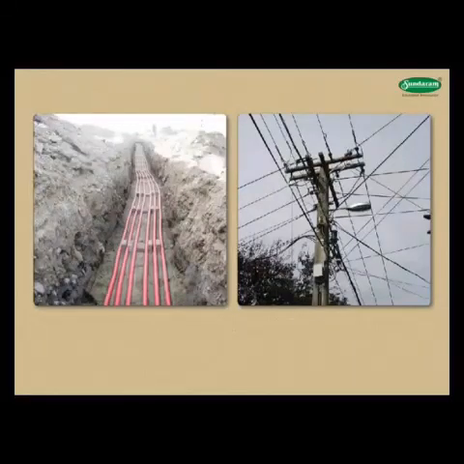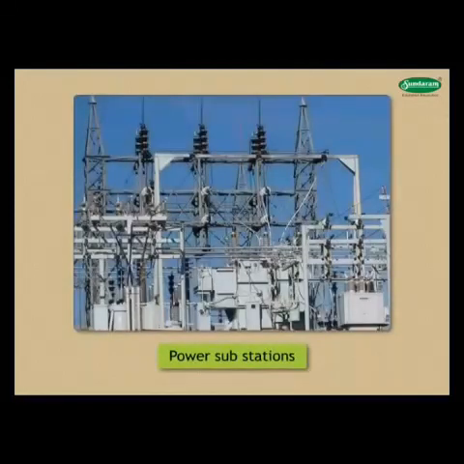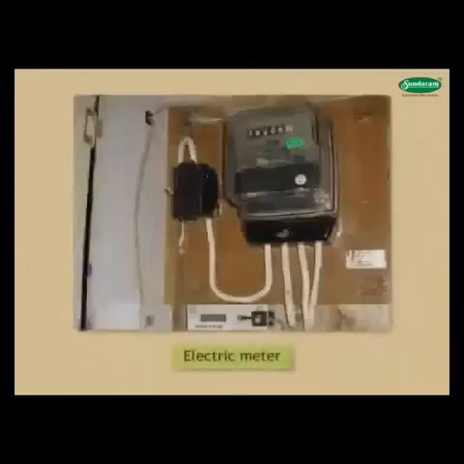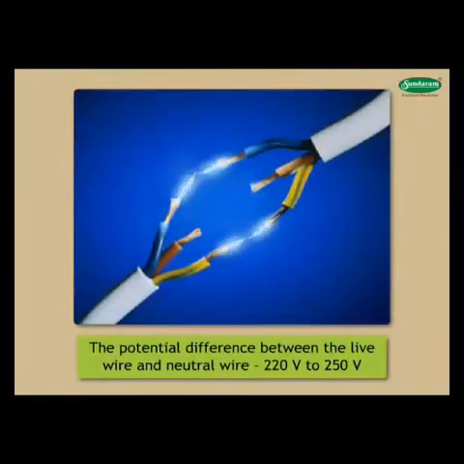These wires or cables are of three types: phase wire or live wire, neutral wire, and earth wire. These wires coming from power substations are connected to an electric meter installed in a house or a factory. The potential difference between the live wire and neutral wire is between 220 volt to 250 volt.